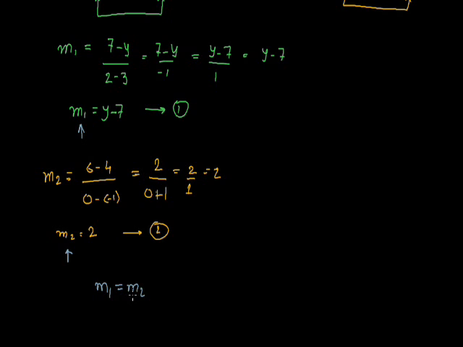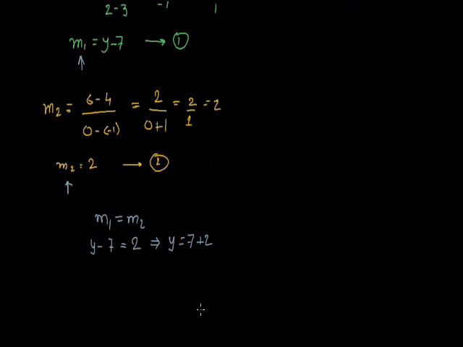Now the value of m1 from our equation number 1 is y minus 7, and that is equal to m2. And from equation number 2 we have m2's value as 2. So y minus 7 equal to 2. This implies that y is equal to 7 plus 2, and that is equal to 9.